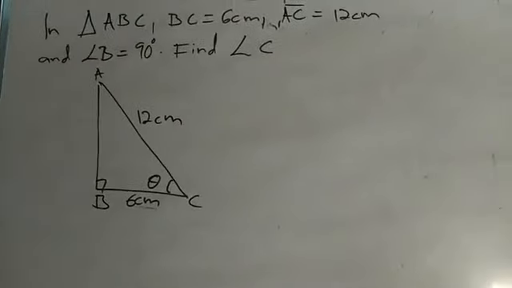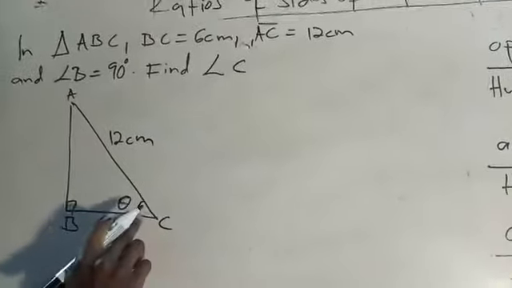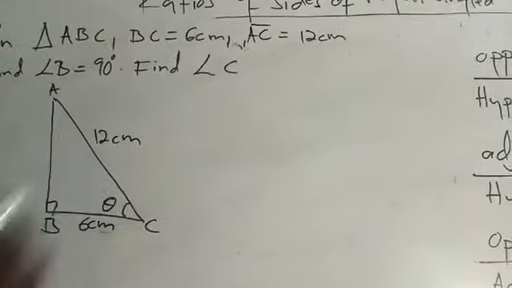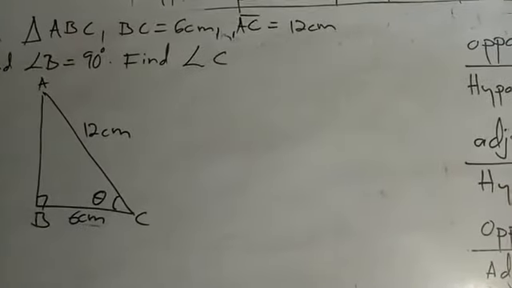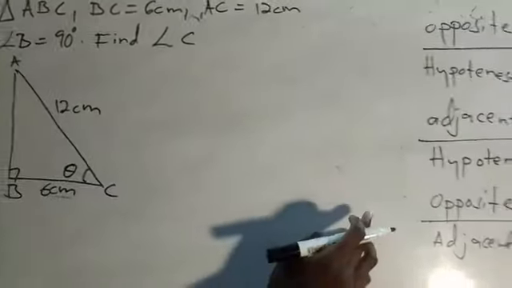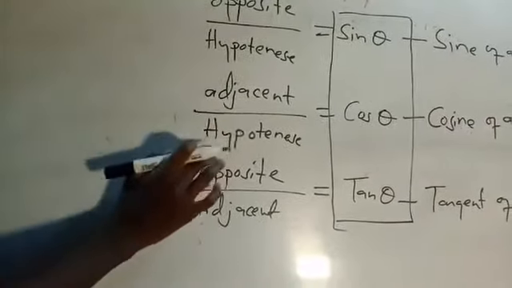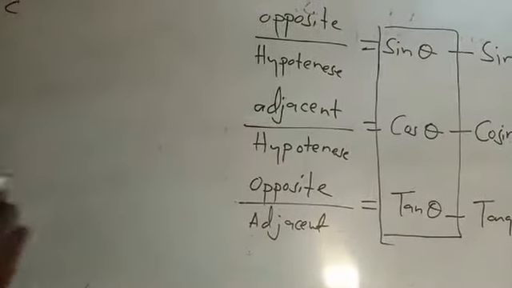So they have given us the adjacent and the hypotenuse. By going to our ratios, we see here adjacent and the hypotenuse equal to cosine of an angle.